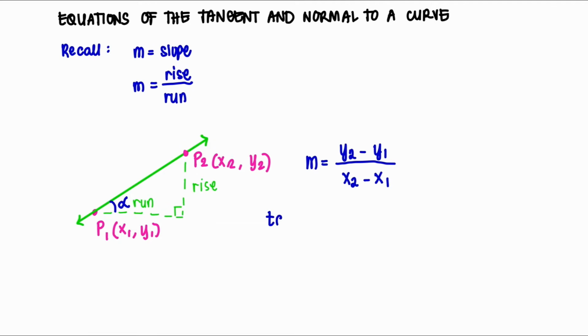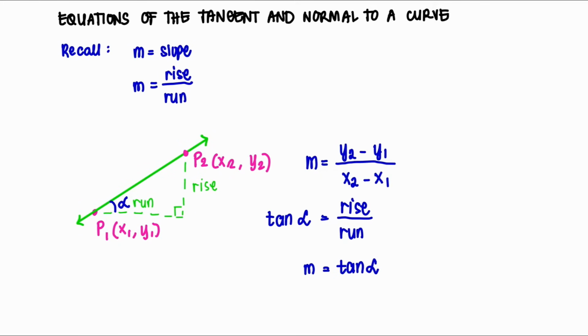So tangent of the angle alpha is equal to the opposite side, rise, divided by the adjacent side, run. And this rise over run is again the slope, so the slope can also be solved using the angle of inclination alpha. So m equals tangent alpha.